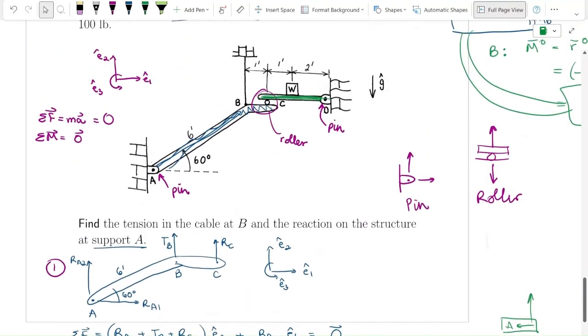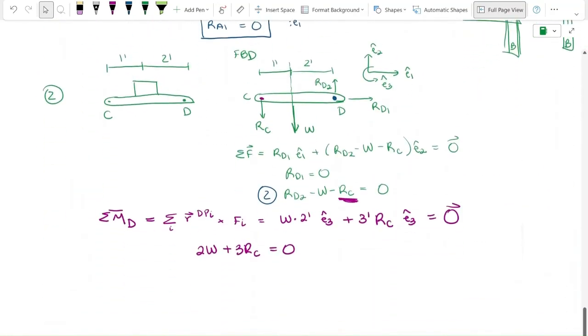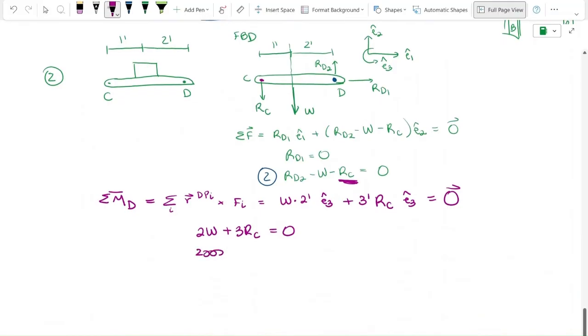And we are given W in the problem to be 100 pounds. This is 200 pounds plus 3RC equals 0. So the reaction force at C is equal to negative 200 over 3 pounds.